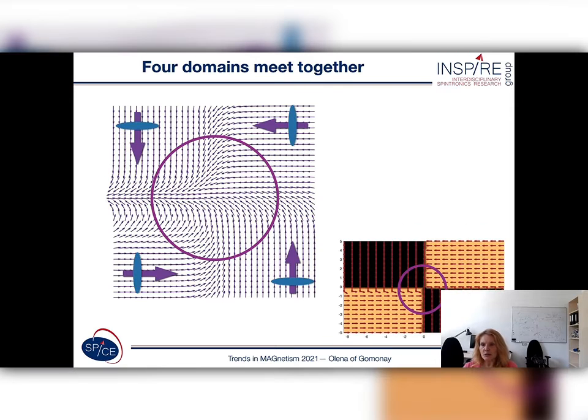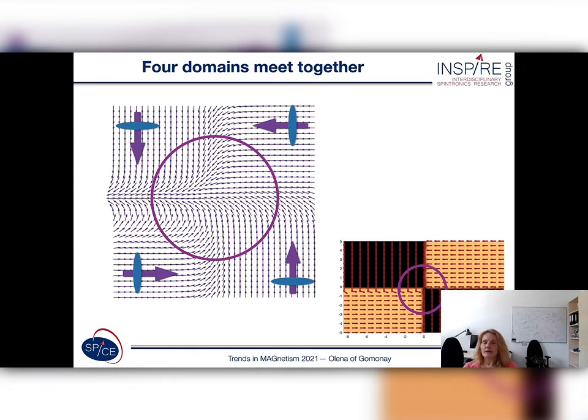So let us consider a sample in which 4 domains meet together. You see the scheme where the joint point of 4 different domains is circled.